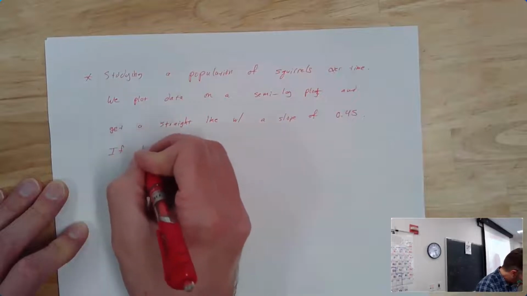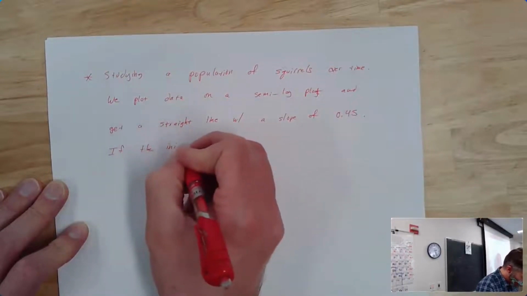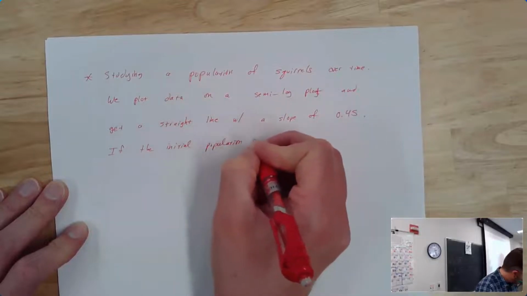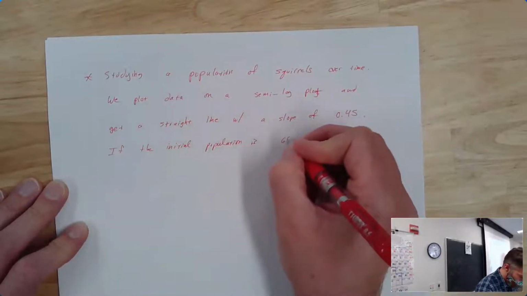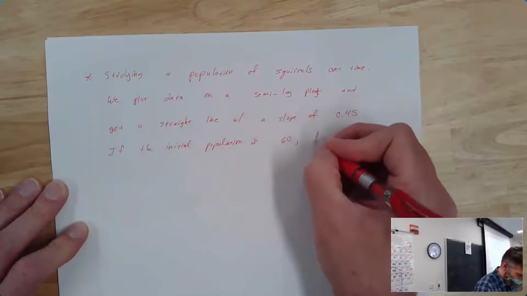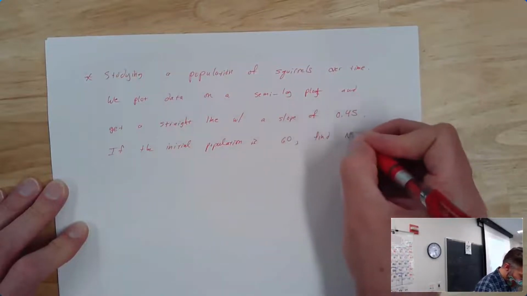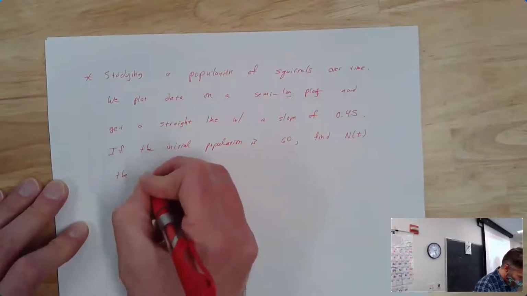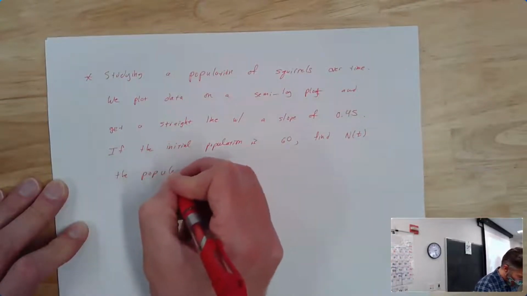If the initial population is 60, find n of t, the number of squirrels or the population of squirrels, as a function of time.